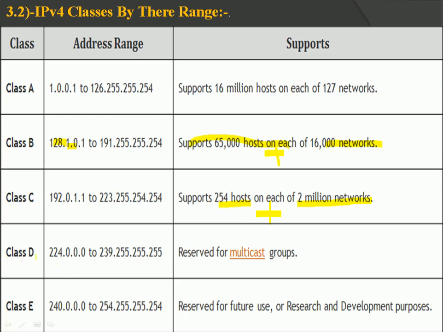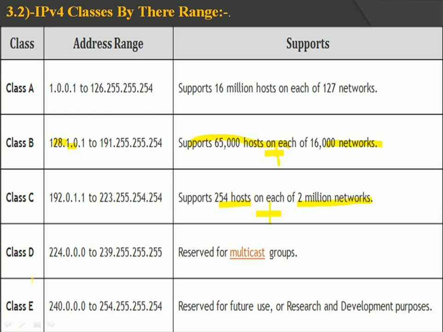The class D. Class D is used for multicast. Multicast means when we want to communicate at the same time with multiple selected persons. So the range of class D is 224.0.0.0 to 239.255.255.255.